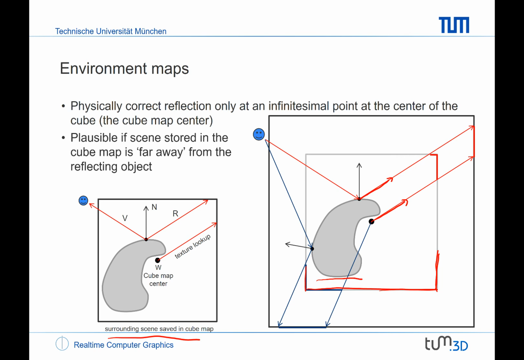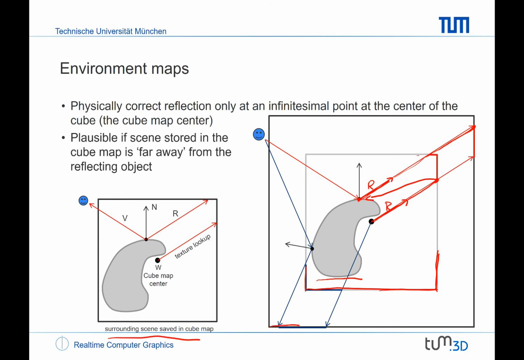At this point we would like to get the value we see when looking through that face of the environment. However, because we take the vector R stored in the cube map in this face, we essentially take this point and assign it to that fragment as the reflected color.